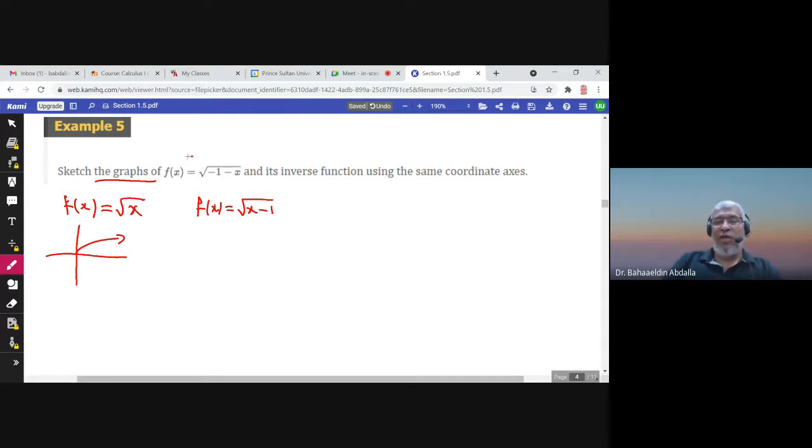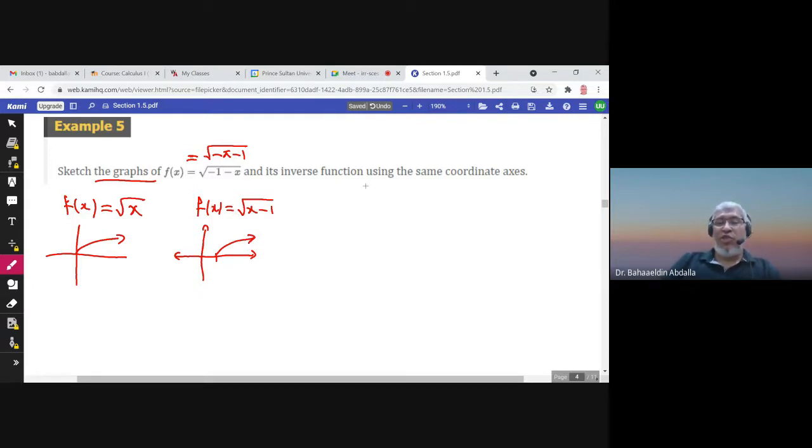I prefer to write this as negative x minus 1, so forget about this minus. I have x minus 1, so there I should take the graph 1 unit to the right. If you take the graph 1 unit to the right, it would be like this. So this is the graph of this function.